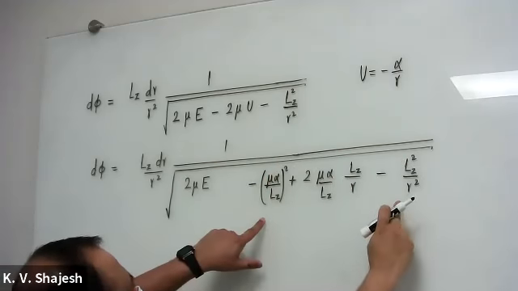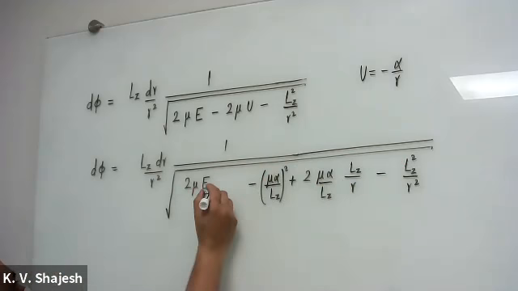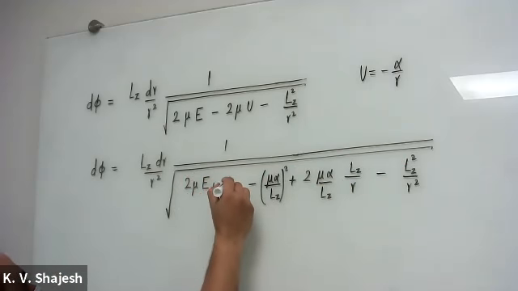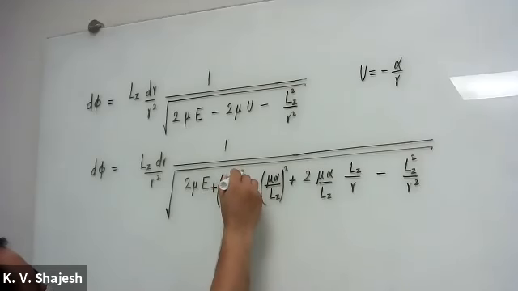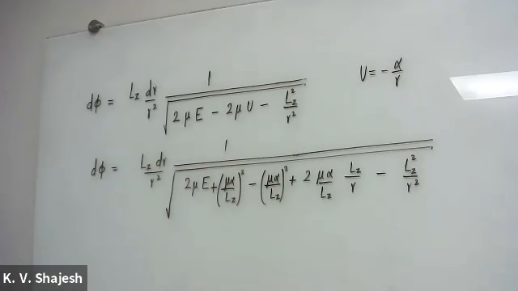So then this becomes a complete square, but that's an extra quantity, so I have to add that back: mu alpha over Lz squared.